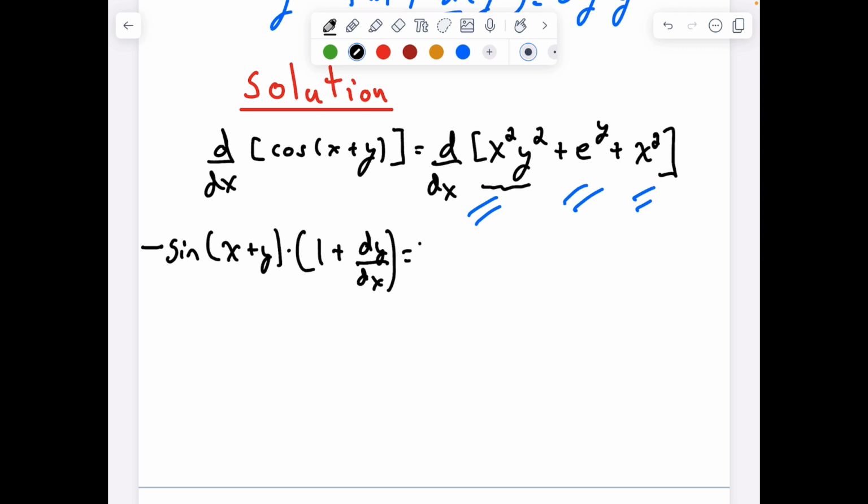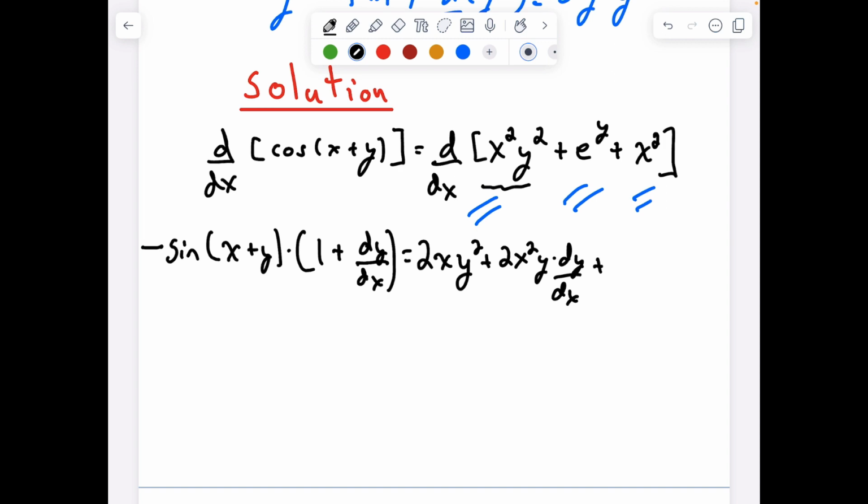The derivative of x squared would be 2x, and then I hold the y squared and multiply it. Plus, now I take the derivative of y squared, which would be 2x squared y times y prime, or dy/dx. So we're done with that.